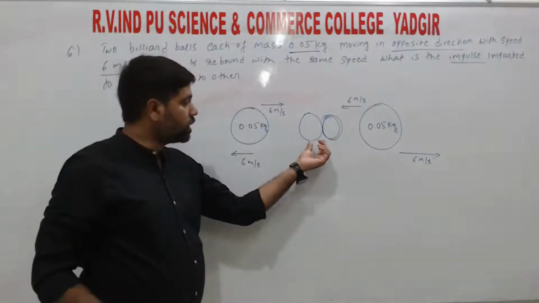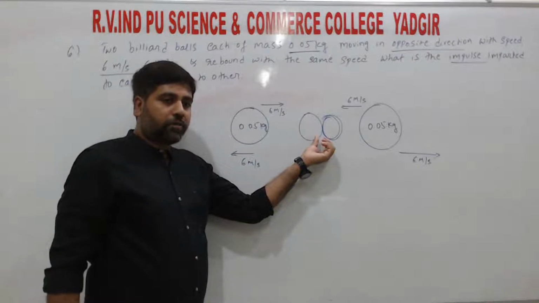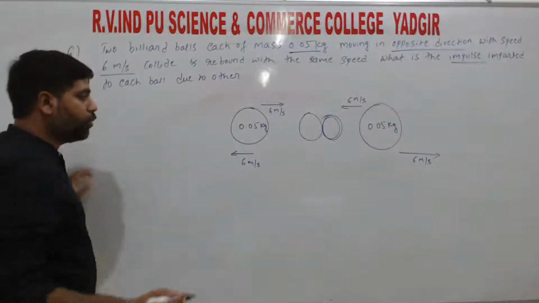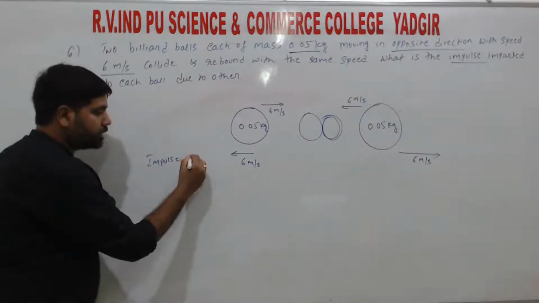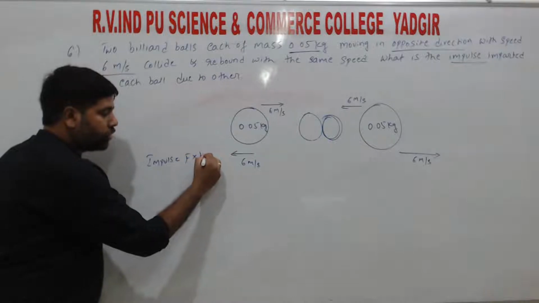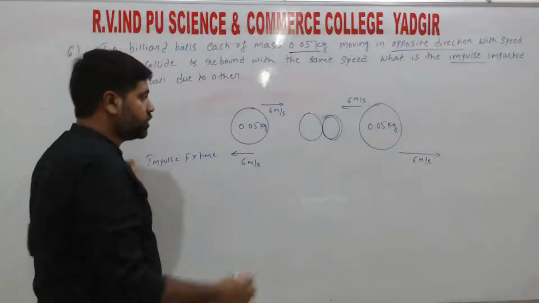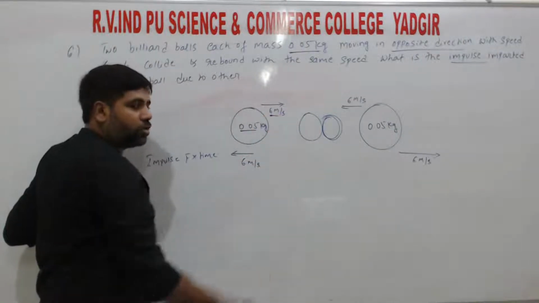When a collision happens, a large force acts in a short interval, and that we call impulse. We need to find that impulse. The general formula for impulse is force into time. But here we are not given any force, because they mentioned only the mass and also the velocity, right?